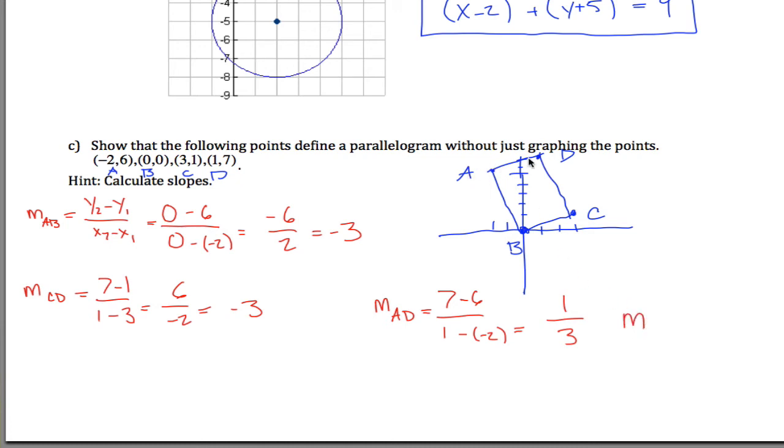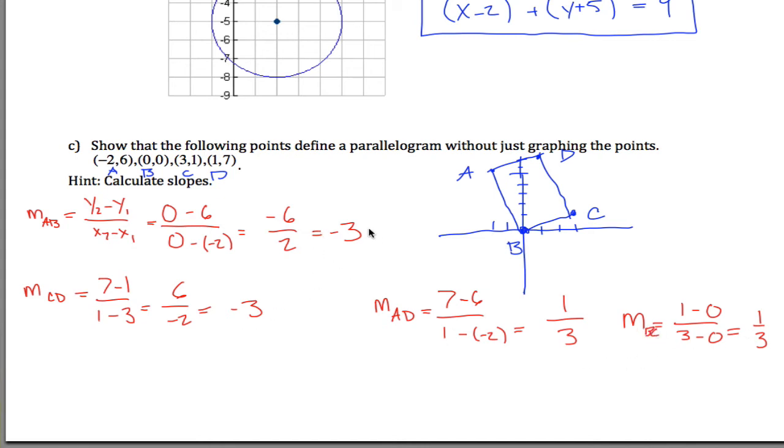That means this right here has a slope of 1/3. What about this right here? Well, the slope between B and C: y-coordinate is 1 minus y-coordinate 0, x-coordinate is 3 minus x-coordinate 0, 1/3. Same.